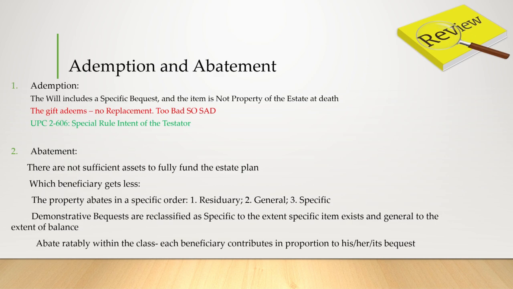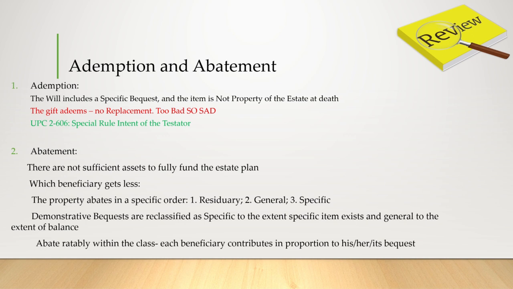As part of review from construction dealing with ademption and abatement, recall that these rules are applied regardless of the apparent intent of the testator. So ademption is if a specific bequest is not property of the estate, the gift adeems. Maryland says under the identification theory that there is no replacement.